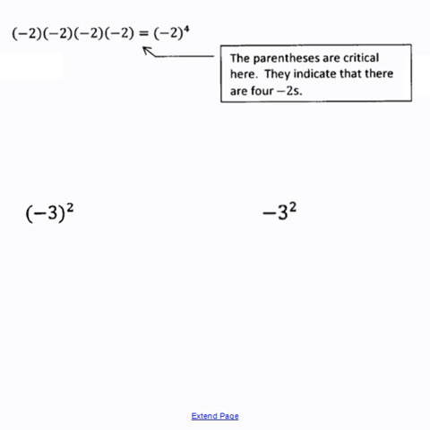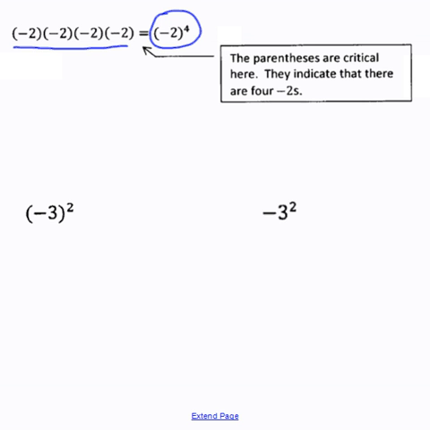So if we have a thing like this that says -2 in parentheses to the 4th power, you know that means -2 multiplied by itself 4 times, because that's what an exponent means.